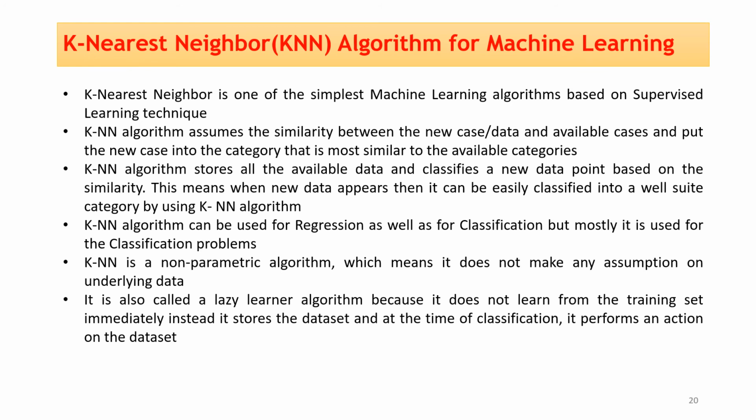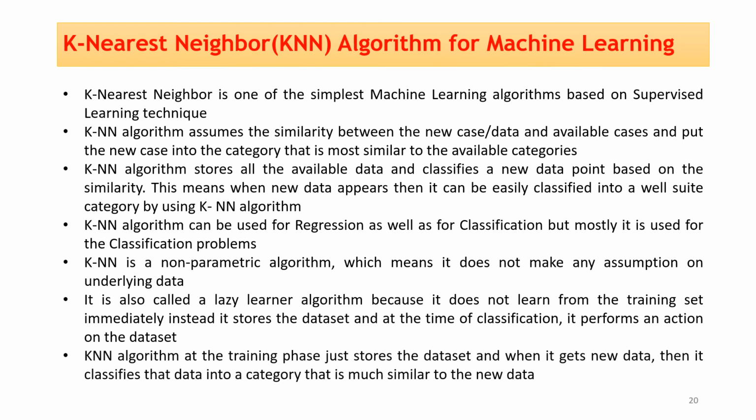Instead, it stores the data set, and at the time of classification, it performs the action on the data set. In the training phase it just stores the data set, and when it gets new data, it classifies that data into the category that is most similar to the new data.